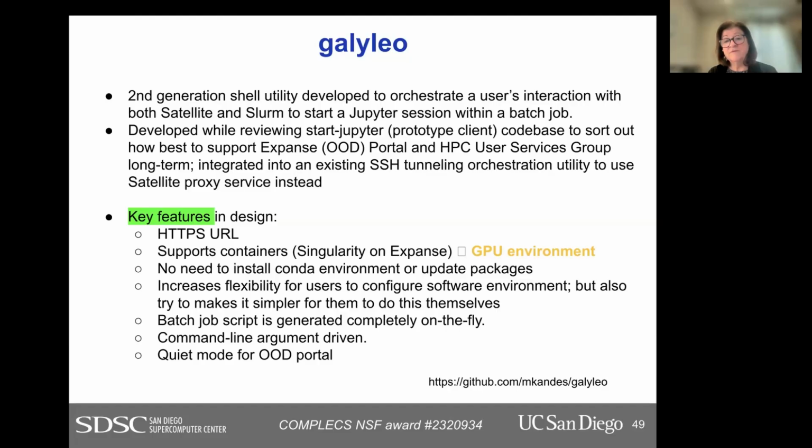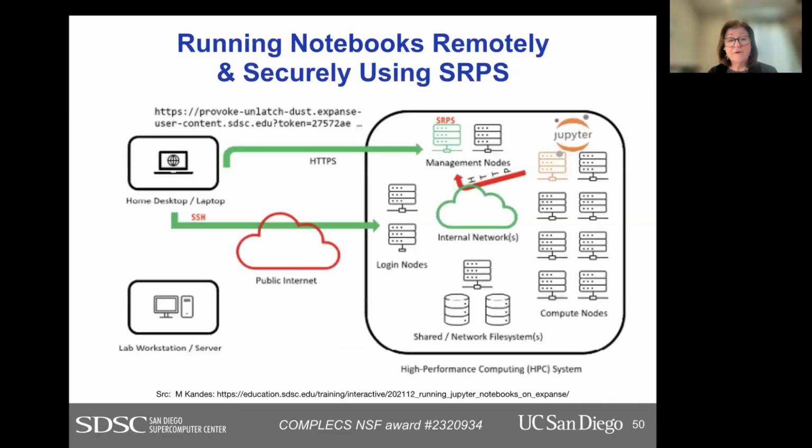If you decide to do something different, you might have to modify that module, but you tell Galileo what you want, and you'll get an HTTPS connection. It supports containers, and you don't have to install a conda environment. You can if you want to, but we recommend you do your work through Galileo. It generates that batch script for you and records a copy of it so you can go back and look at what Galileo was doing for you. And it's command line argument driven. I'll show you an example.